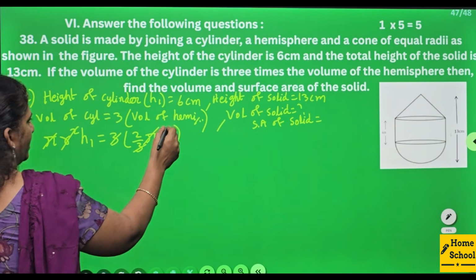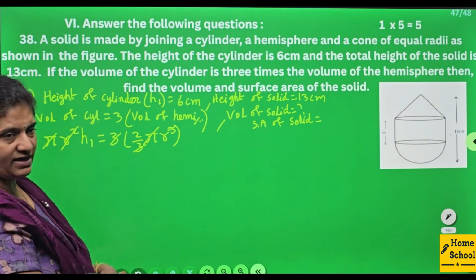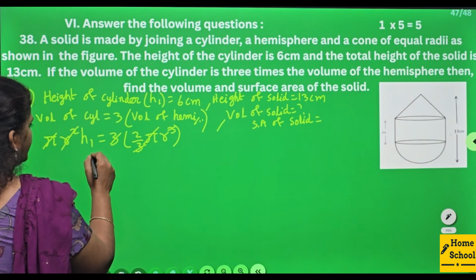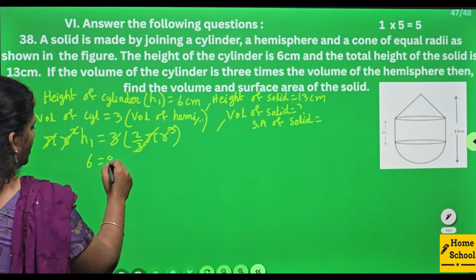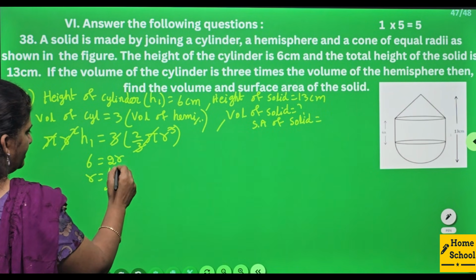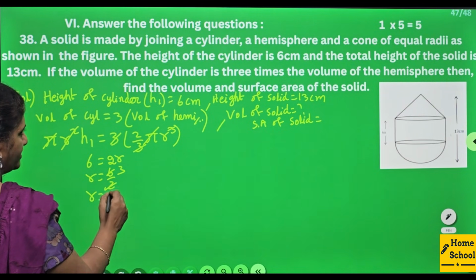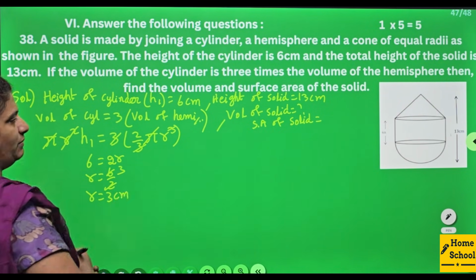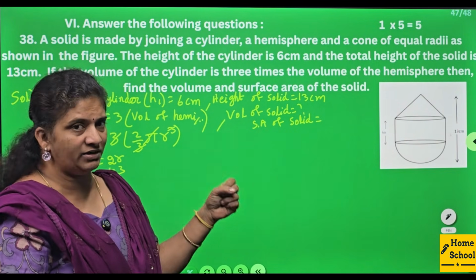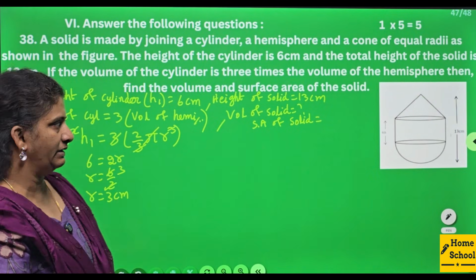One r square and another r square is cancelled. 1 r is left. And we know h1 value is 6. 6 is equal to 2r. R is equal to 6 by 2, that is 3. Therefore, R is equal to 3 centimeters. Radius of cone 3 centimeter, cylinder 3 centimeter, hemisphere 3 centimeter.